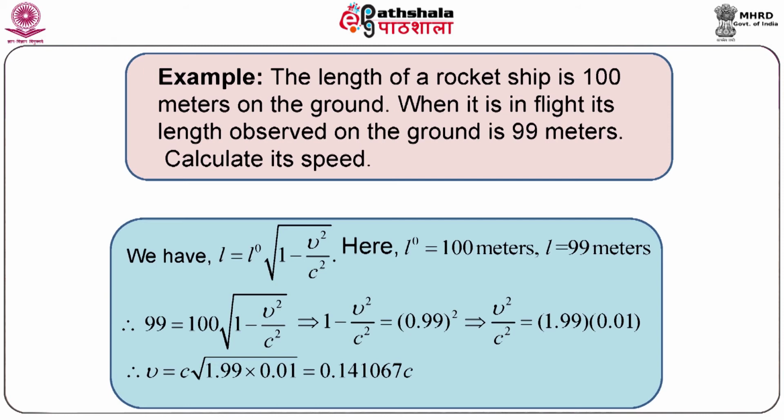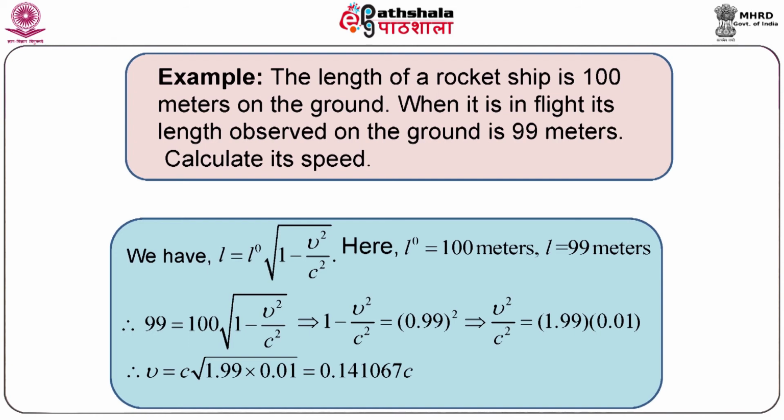L is the length in frame S, L0 is the corresponding length in frame S dash, v is the velocity of frame S dash with which it is moving with respect to fixed frame S, c is the speed of light.